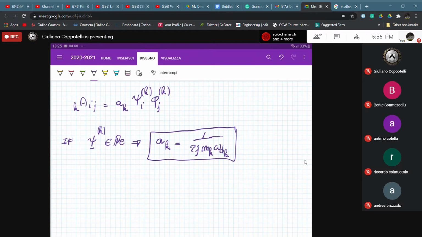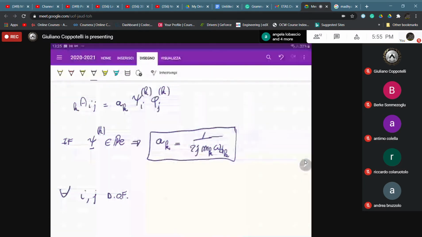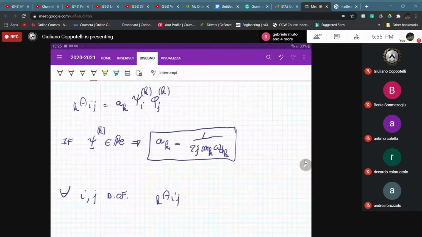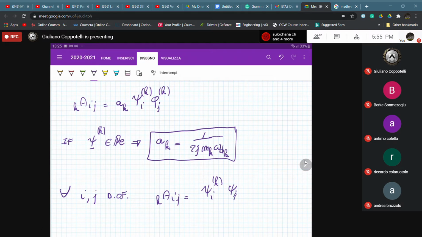But now, because of the definitions, what we are having is that for each i and j degree of freedom, we're referring to the residual term that once again is written as this, divided by 2j omega_dk and k.